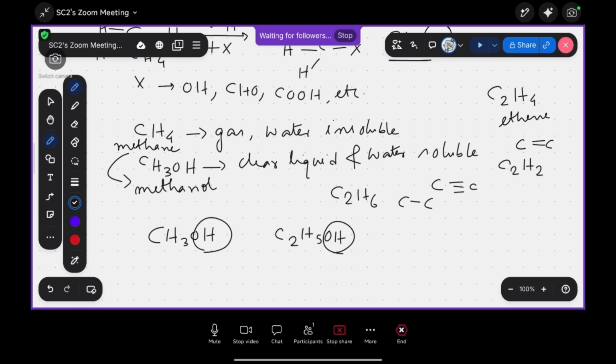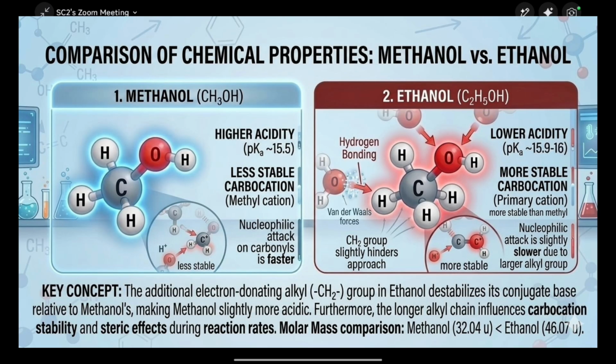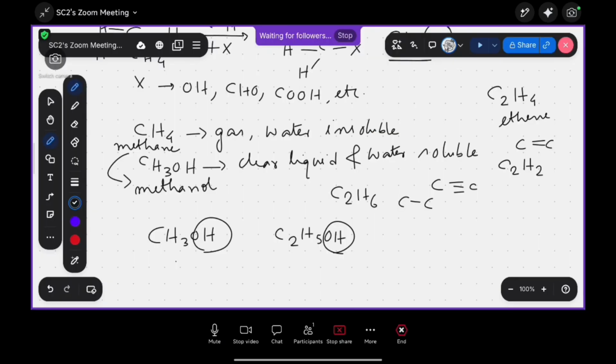That means the reactions that CH3OH will have, C2H5OH will also have the same type of reactions. Chemical properties are simply judged by the nature of the bond present and the nature of the functional group present. Suppose I give you two compounds X and Y, and both have a carbon-carbon double bond, C double bond C; that means their chemical properties will be the same.